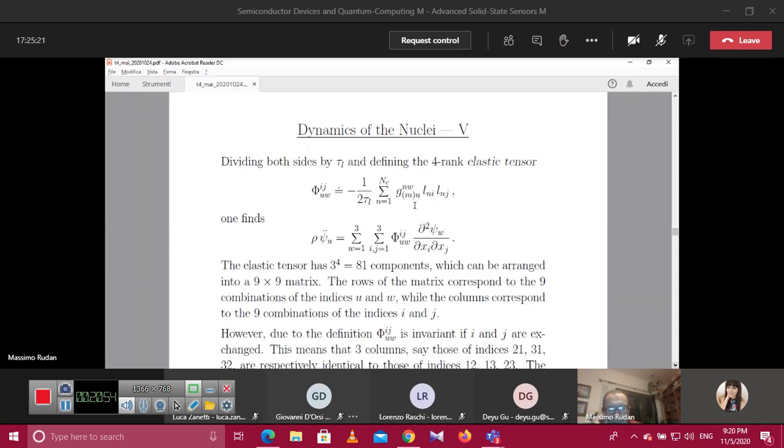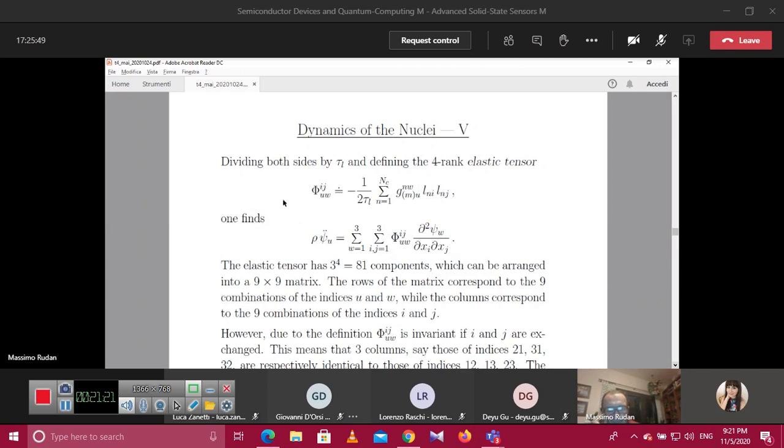What is left are 4 indices that are U and W, that are collected below here, I and J. So we have 4 indices, and all these indices belong to the coordinate axis. So all these indices, U, W, I, and J, go from 1 to 3.